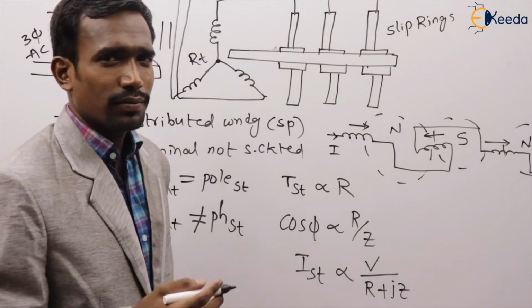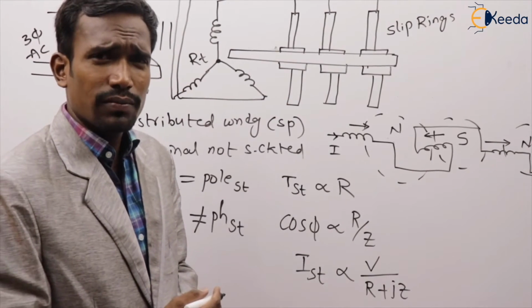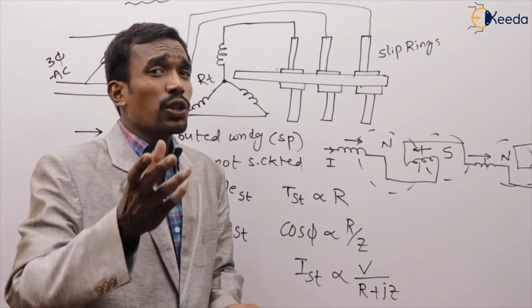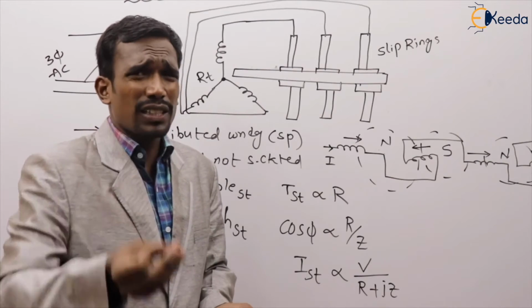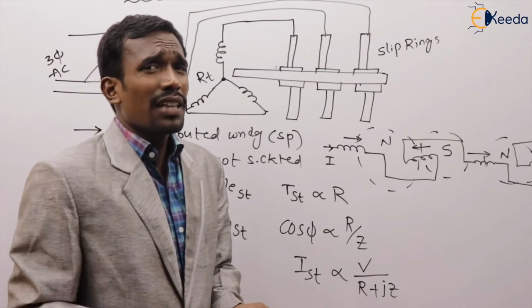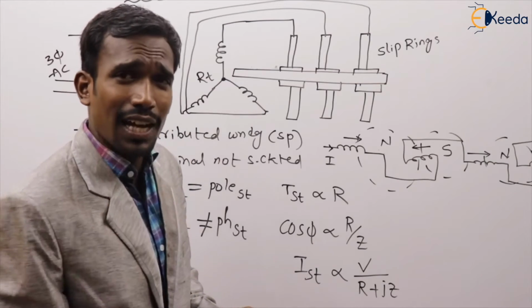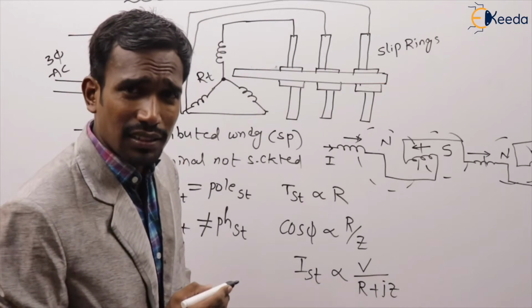Now tell me, generally in our slip ring induction machine, we are using a winding. Generally it has a low resistance actually, but the advantage of the slip ring induction machine is that we can increase the rotor resistance.